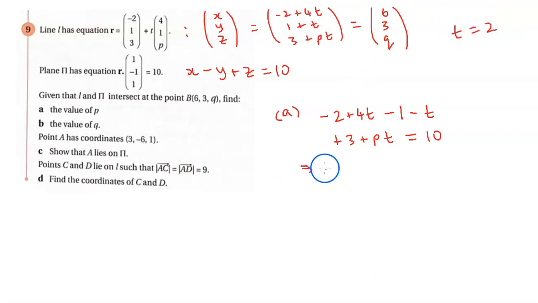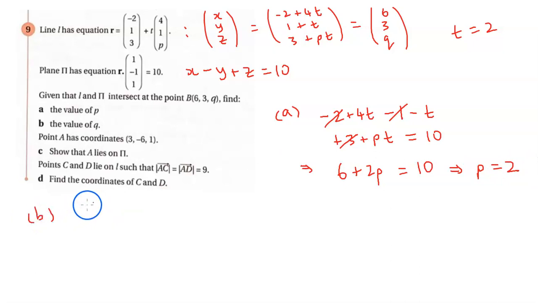Adding all these numbers together, the constants cancel, so we've got 3t + pt, so that would be 6 + 2p equal to 10. From there we get that p is also equal to 2.